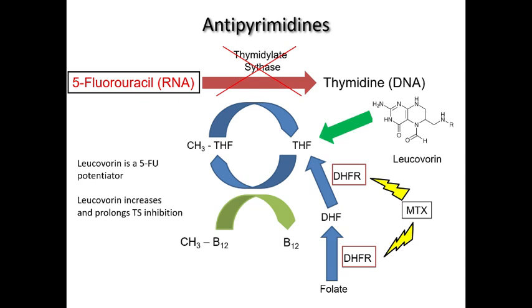So we flood the system, so to speak, with this cofactor in hopes that anytime 5-FU and thymidylate synthase are in close proximity, we'll have activated folic acid to encourage its binding and therefore prevent DNA reproduction through the depletion of thymidine.